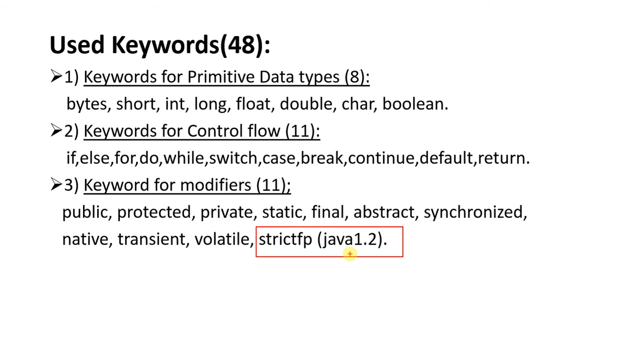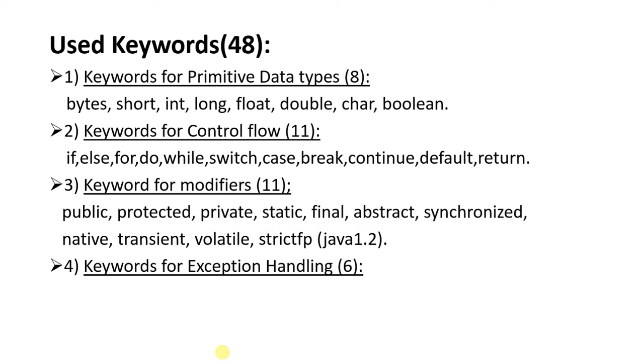So go to the next category, keywords for exception handling. Among all used keywords, only 6 keywords belong here. Guys, these are basic concepts, I know, but this is very important.